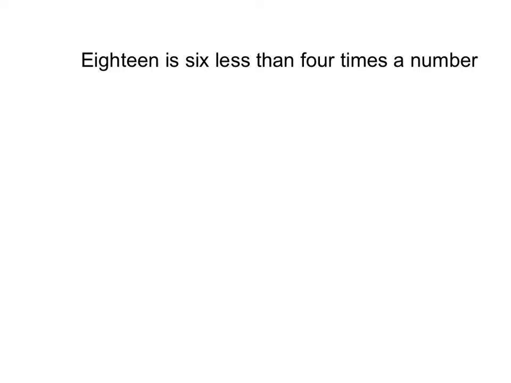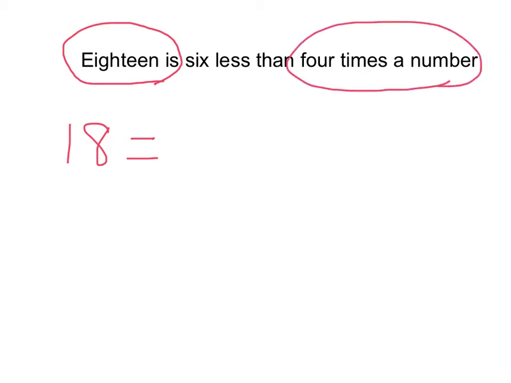Okay, let's try another one. 18 is 6 less than 4 times a number. All right, let's start with this. 18 is, so that's the number 18, equals. Now we have 4 times a number, so that's 4x.